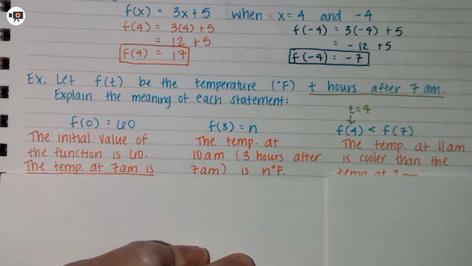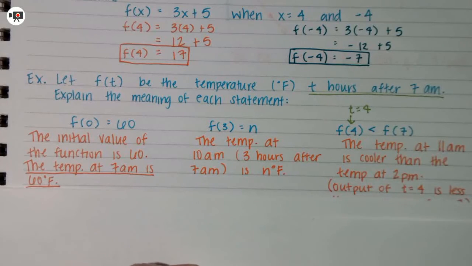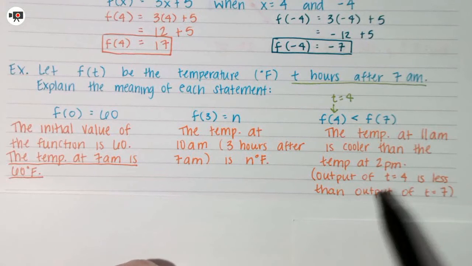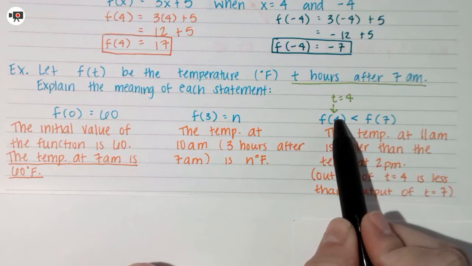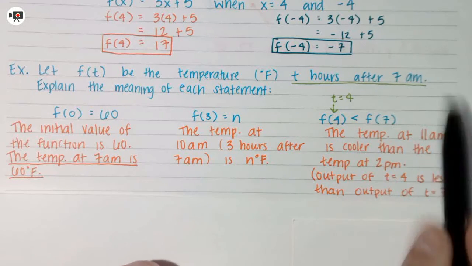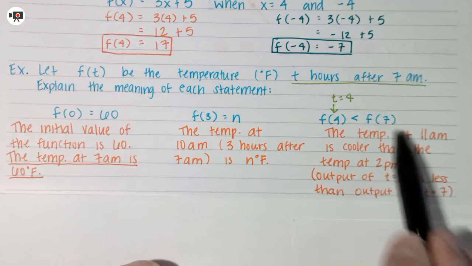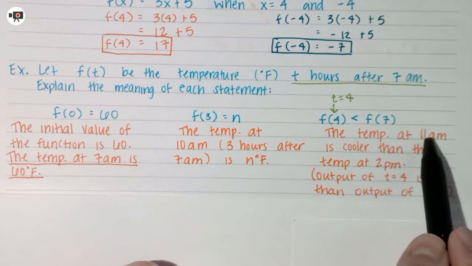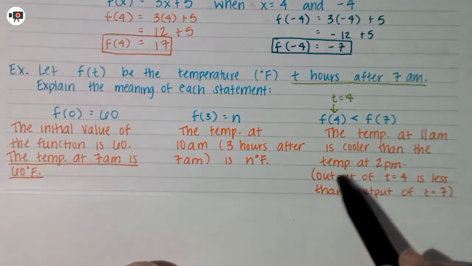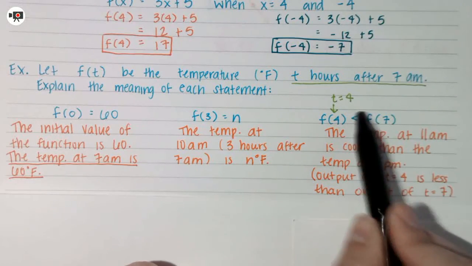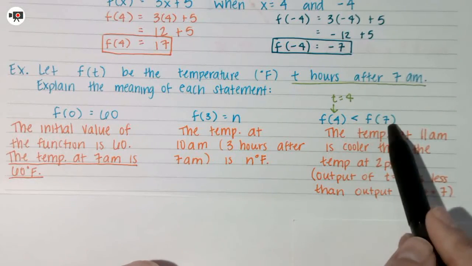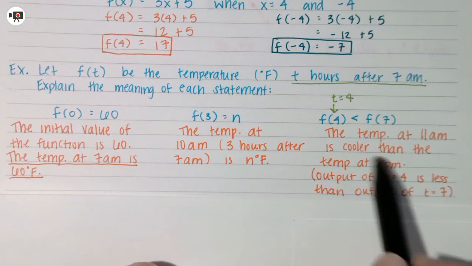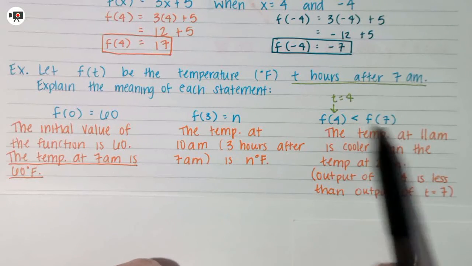So we could say that the temperature at 11 is cooler than the temperature at 2. 11 is 4 hours after 7, and 2 p.m. is 7 hours after 7. So it is cooler at 11, that's f of 4, less than the temperature at 2. The output of t equals 4 is less than the output of t equals 7.